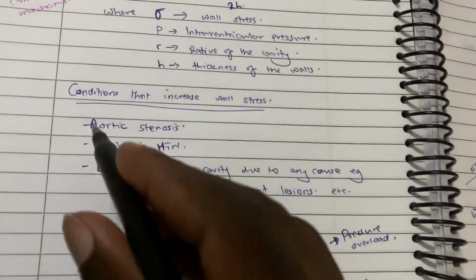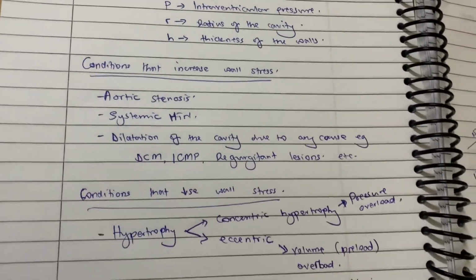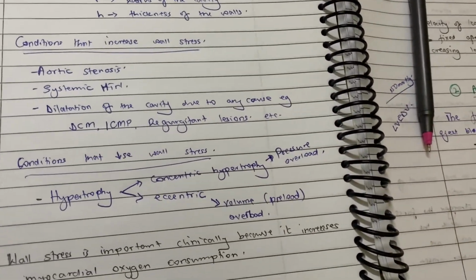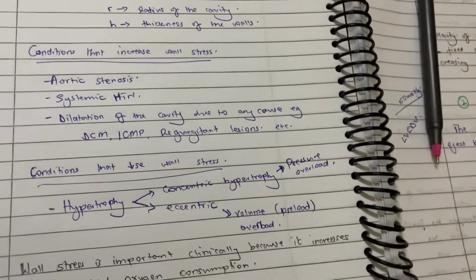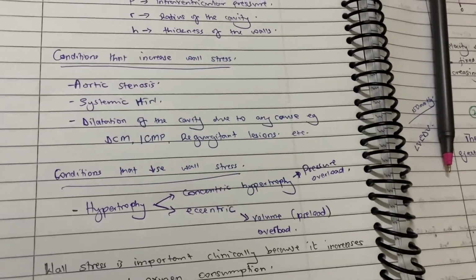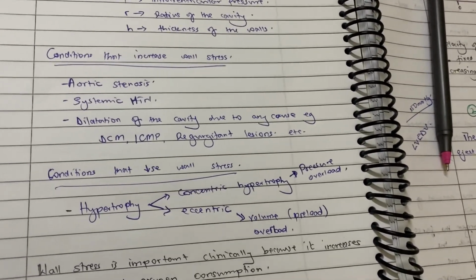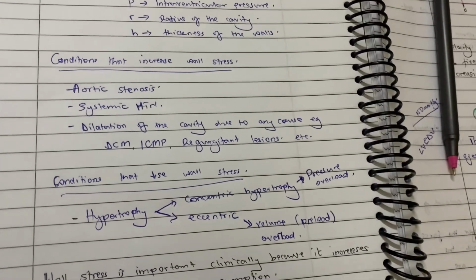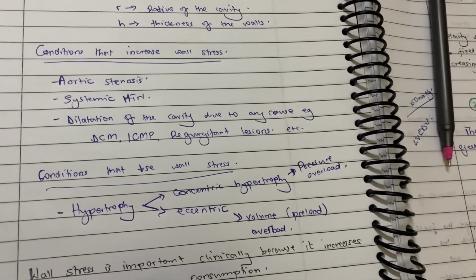So any of these, even hypertrophy, is a compensatory mechanism, but it fails after some time because of increased oxygen consumption and demand, which causes metabolic mismatch.